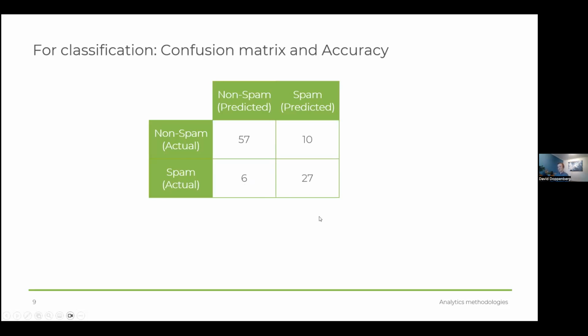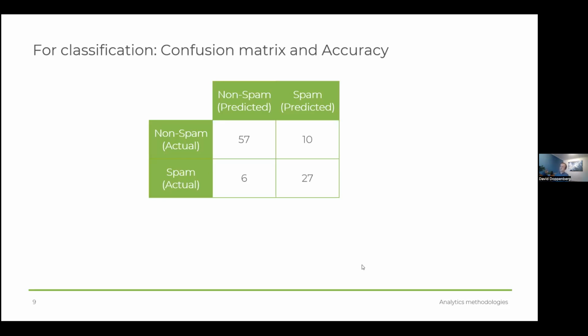Then the first question is, of course, okay, that's nice that I have this matrix filled in, but I still don't know what to do with this. Using this matrix, we can start deriving important KPIs or metrics for our classification problem.